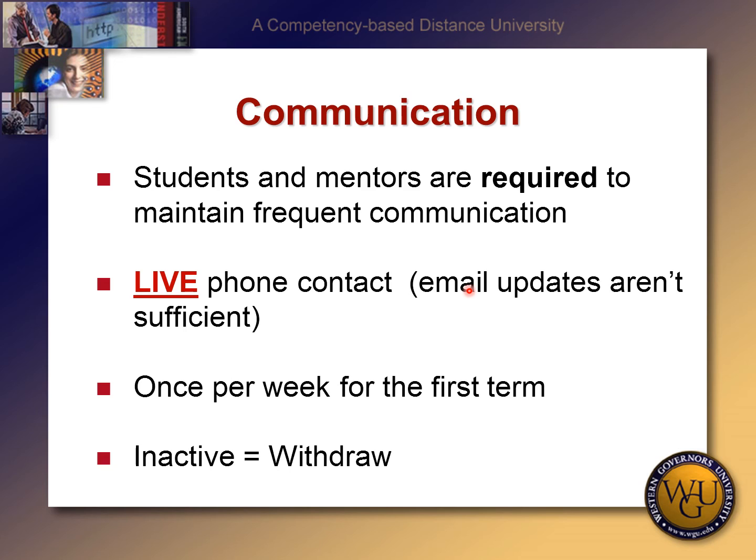The mentoring manager and the mentor will contact inactive students via telephone and email prior to initiating administrative withdrawal. Inactive students who fail to reestablish phone contact with the mentor within 20 days of the initially missed call will be administratively withdrawn from WGU.